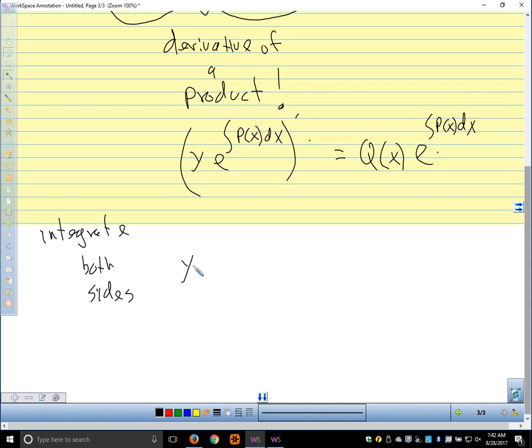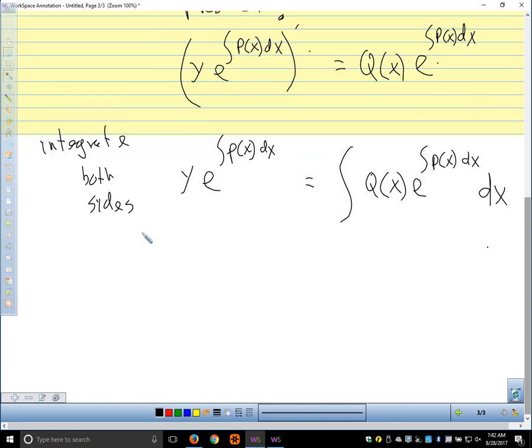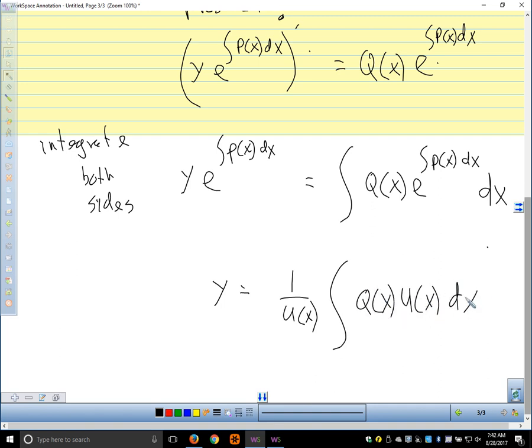So we get y e to the integral of p of x dx equals the integral of q of x e to the integral of p of x dx, dx. An integral inside an integral. That's interesting. Now I divide both sides by e to the integral of p of x dx, and I get y equals 1 over u of x times the integral of q of x u of x dx, because e to the integral of p of x dx is just u of x. So we get back to our formula.